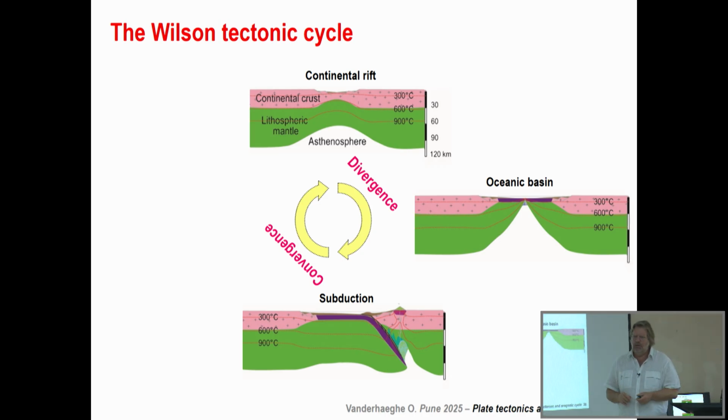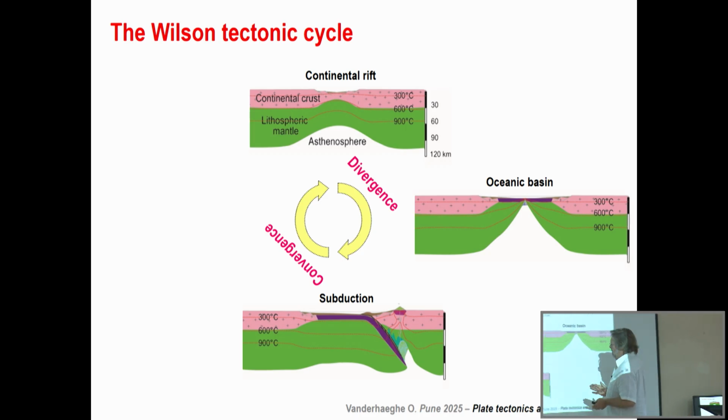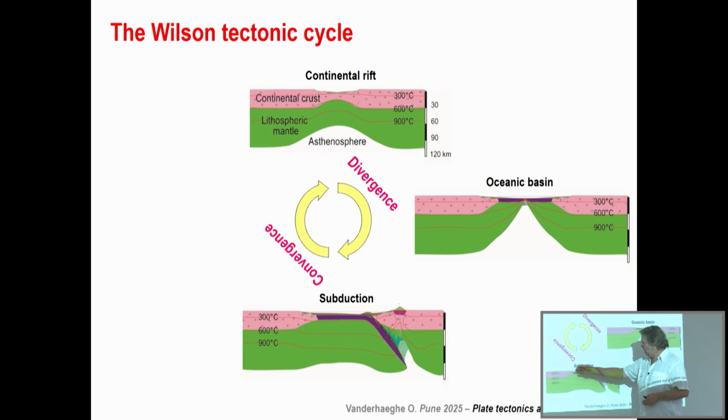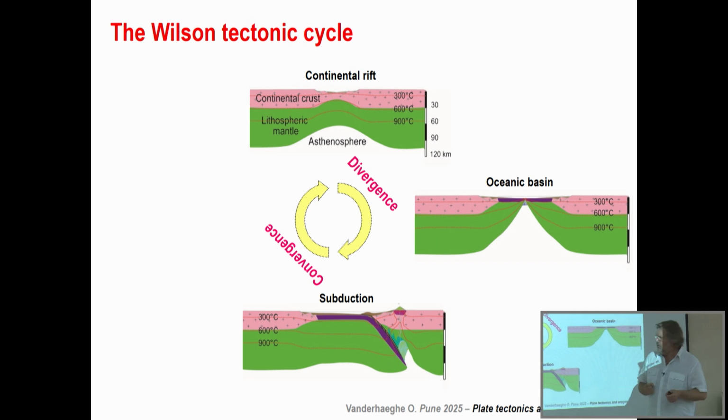We don't have a good example of a starting subduction today. And it should start where there is a weakness in the lithospheric structure, but also where there is gravitational instability. So it might start either at oceanic ridges or along margins.